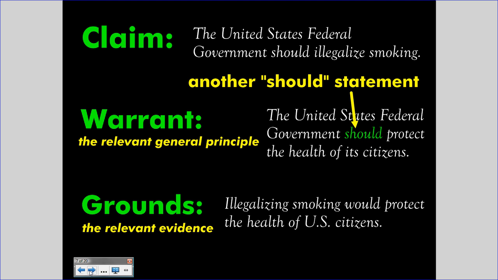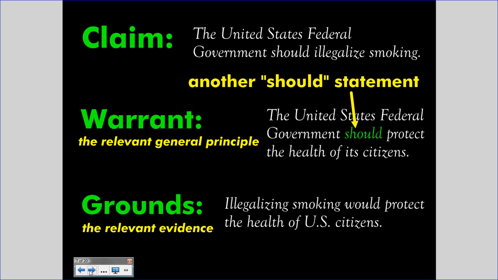In your warrant, you will have another should statement. So your claim is a should statement. We know it's opinion-based. When you're constructing the warrant, one point that you should remember, and you'll see it on the Using the Toulmin model handout down at the bottom of the page, the last bullet, both of these should use the word should.